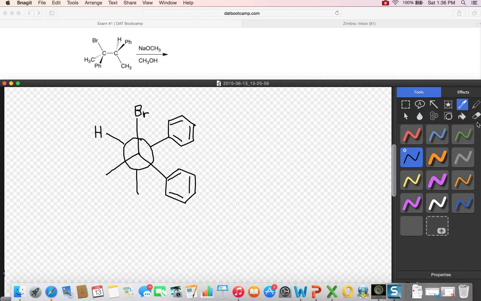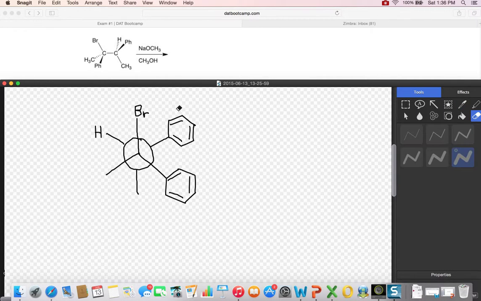So when I do this, rather than redrawing this, I'm just going to erase the groups on the back and redraw them.